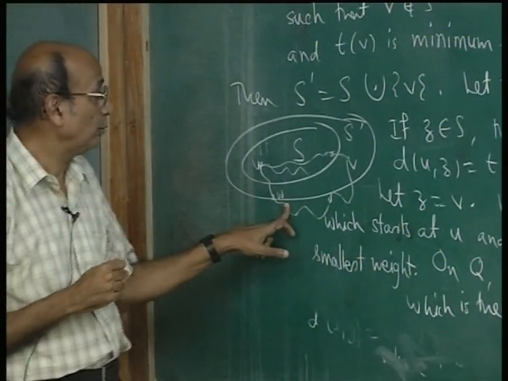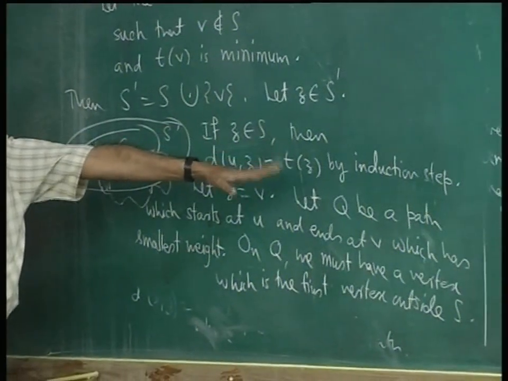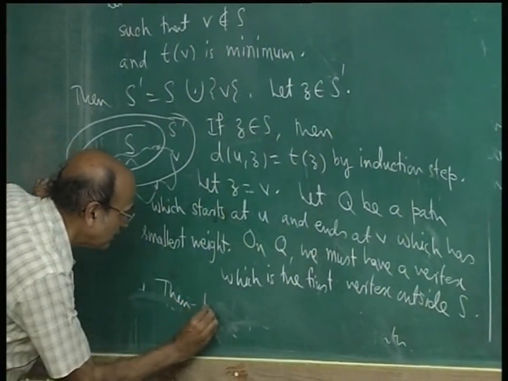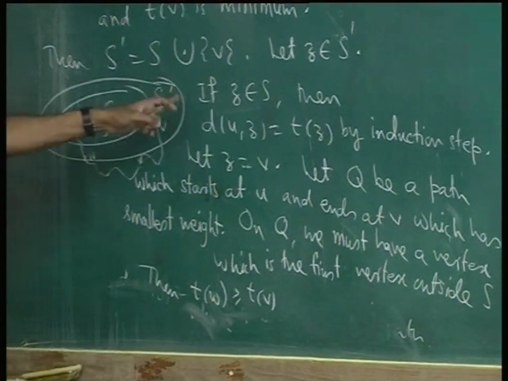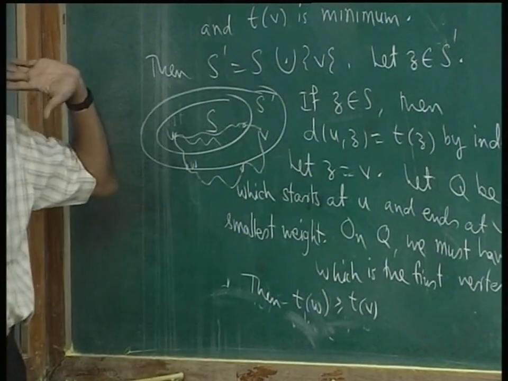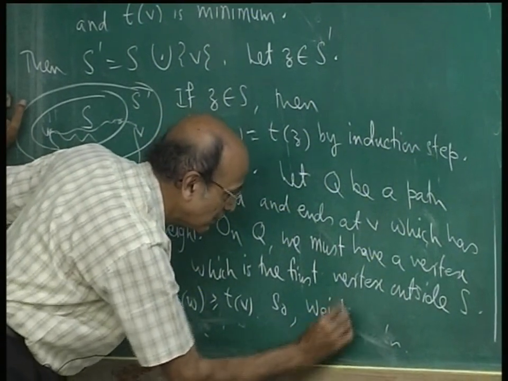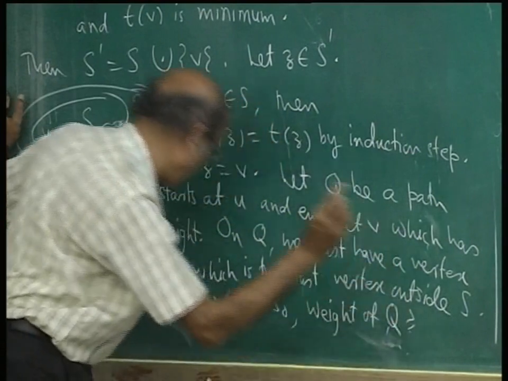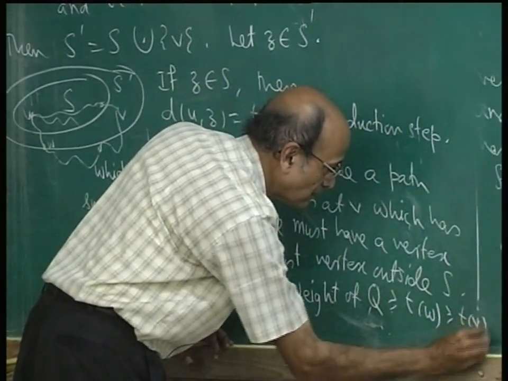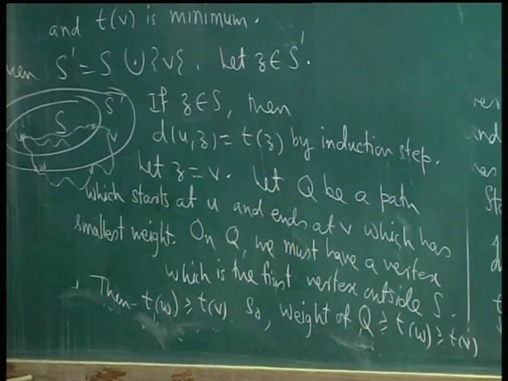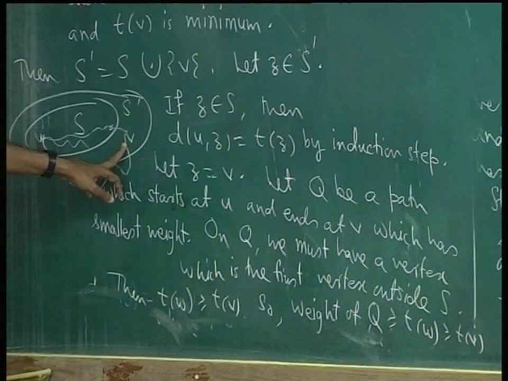But then T of W, by definition of the way V is chosen, is greater than or equal to T of V. And what that means is the weight of Q cannot be any smaller than T of V. Therefore, no matter which path you choose, you cannot do anything better than T of V, clearly.